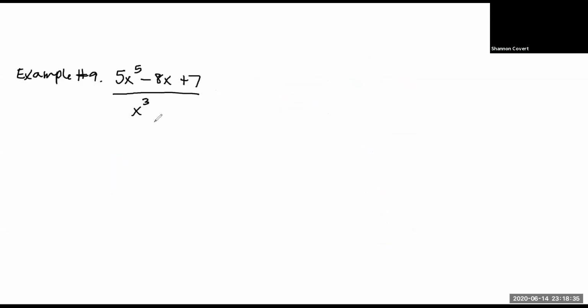Example number 9, we have 5x to the 5th minus 8x plus 7 over x to the 3rd. Here we're going back to the simple polynomial division. So I will rewrite this as 5x to the 5th over x to the 3rd minus 8x over x to the 3rd plus 7 over x to the 3rd. And I will reduce what I can.